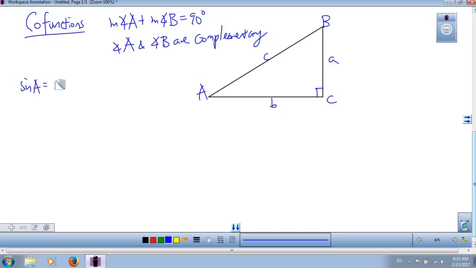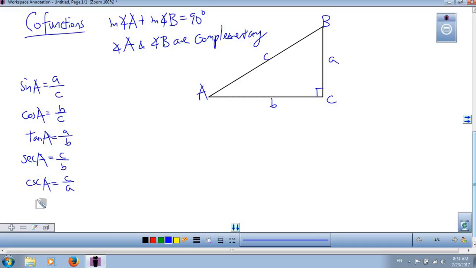So let's take a look at sine A. It's going to be A over C. Cosine A is going to be B over C. Tangent A is going to be equal to A over B. And secant A, angle A, is going to be C over B. Cosecant A is going to be C over A, and cotangent A is going to be equal to B over A.